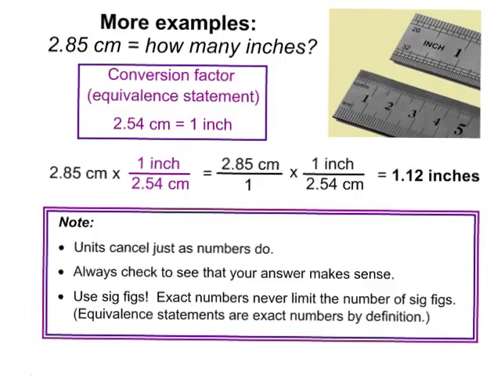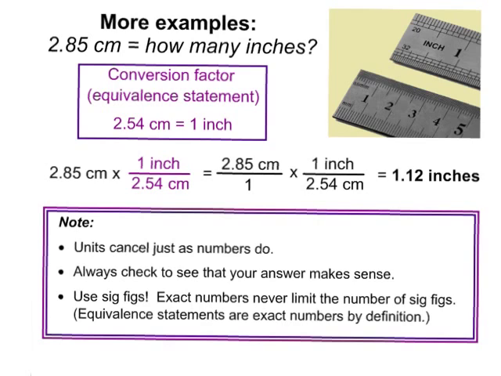I will start to probably use these formats interchangeably, but for now, I wanted you also to visualize and see that 2.85 centimeters is the same as 2.85 centimeters divided by 1. And if this helps you to see what's in the numerator and what's in the denominator more clearly, I'll write that like that for you right now. So I just rewrote this statement here.